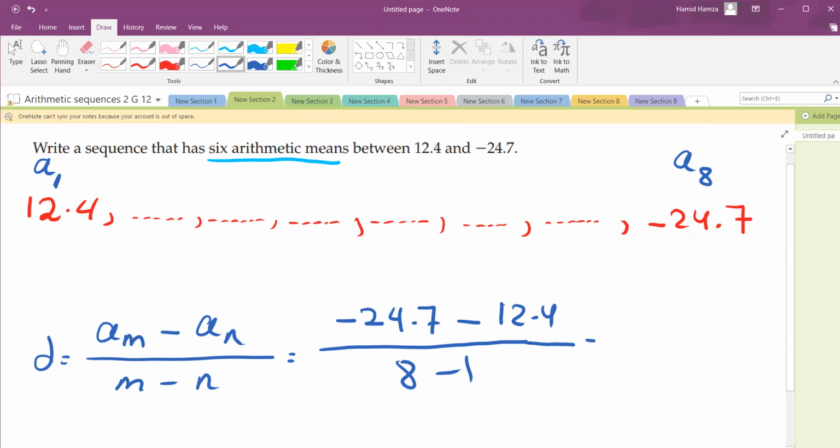One of you give me the answer. Negative 5.3. So this is the common difference.